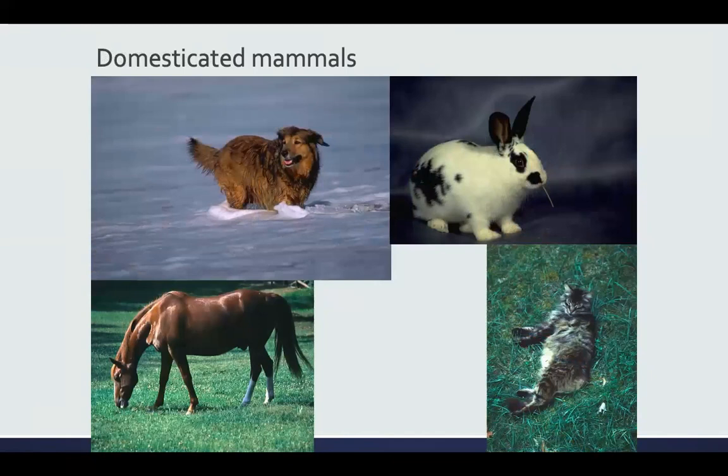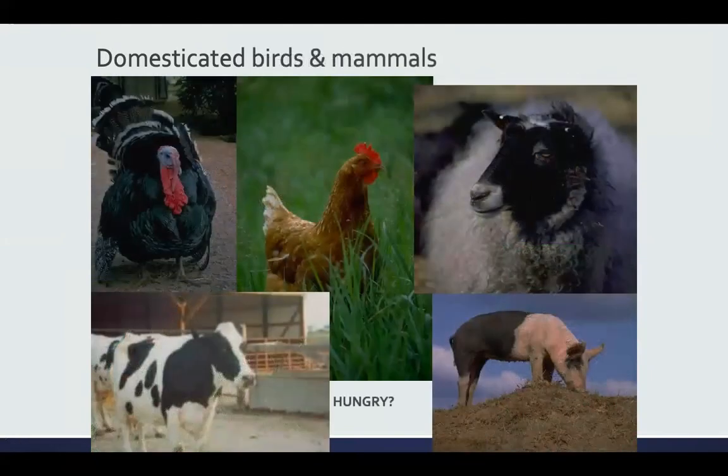Domesticated mammals, you can see here, there was a time in the Earth's history when people domesticated animals, not necessarily for pets, but for food sources. But then we've eventually brought them into our homes, even more so domesticating them. Horses, bunnies, rabbits, cats and dogs, and more domesticated birds and mammals.